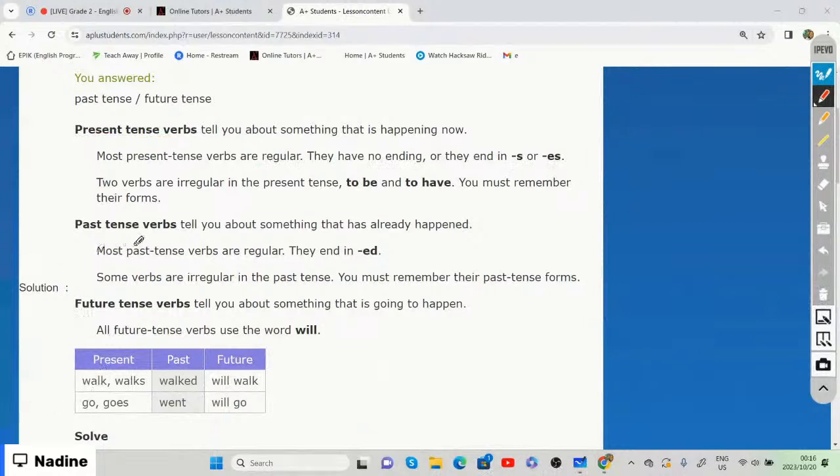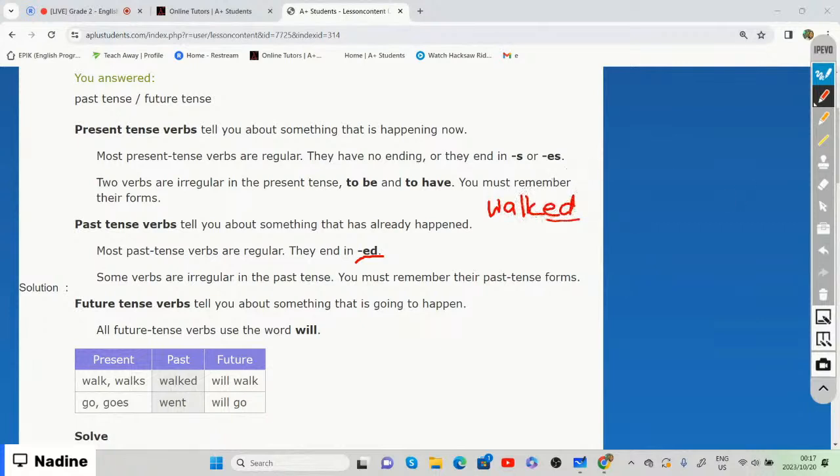Then we have our past tense verb, right? That tells us about something that has already happened. And we said most of our past tense verbs are regular and they end in ed. So if our verbs end in ed, it is like saying I walked to school.